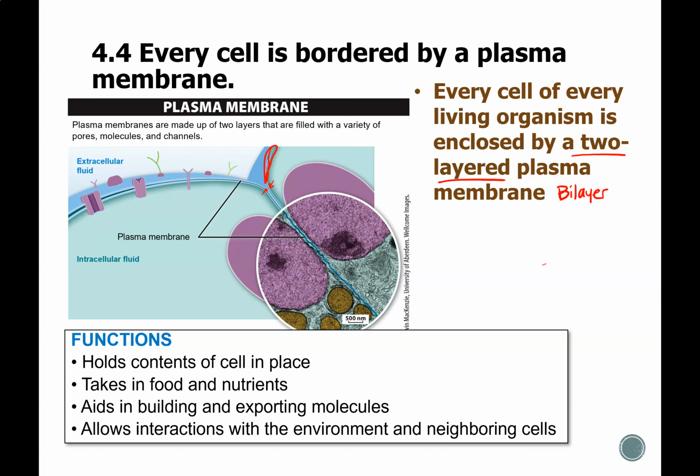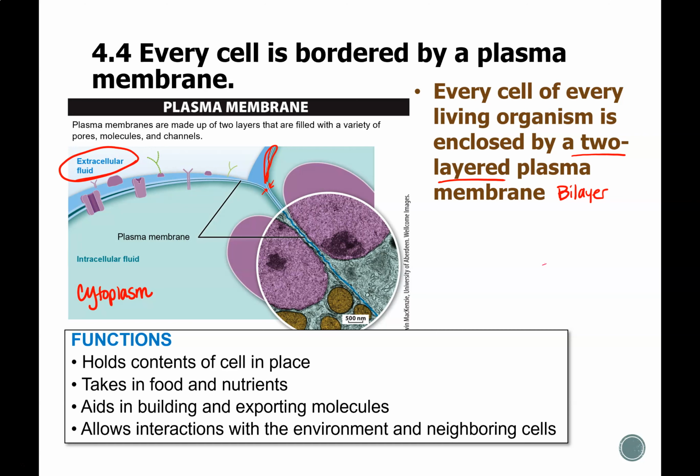Main functions of the plasma membrane are to hold contents of the cell in place. So we've got our plasma membrane and we've got our cytoplasm, which is that jelly-like fluid inside the cell that suspends all of those organelles. Now, outside of the cell is extracellular fluid.